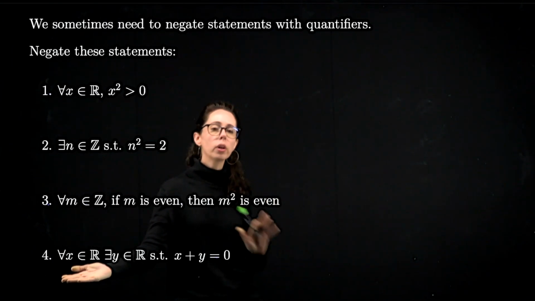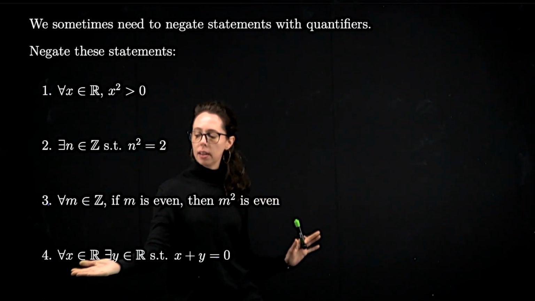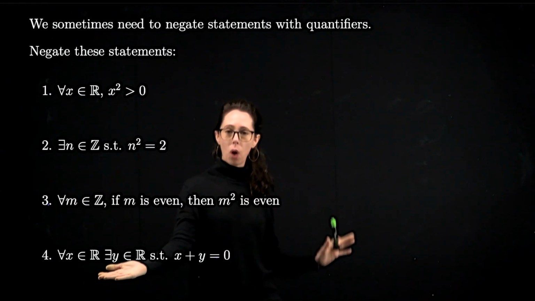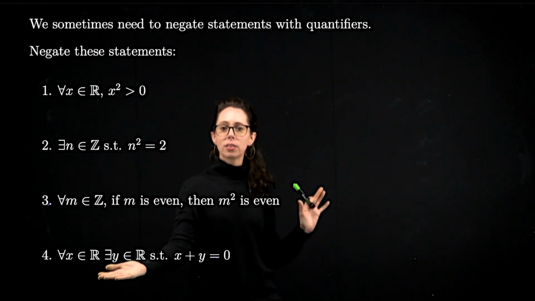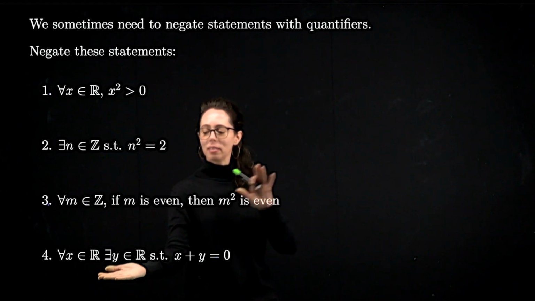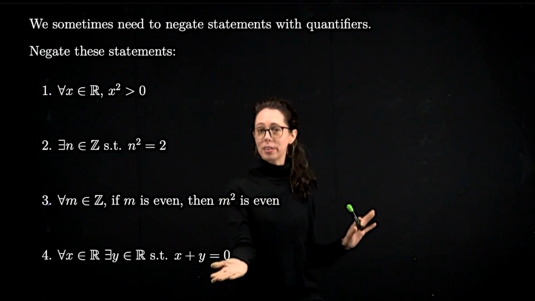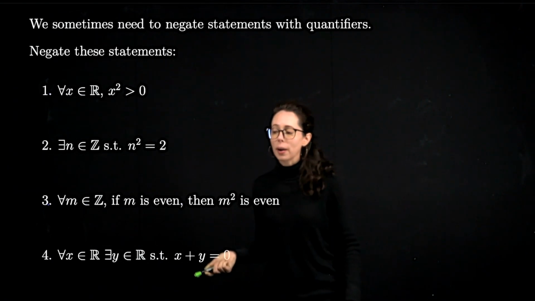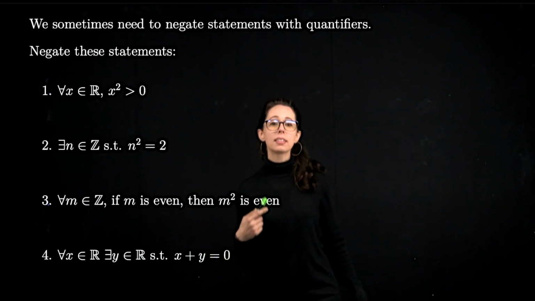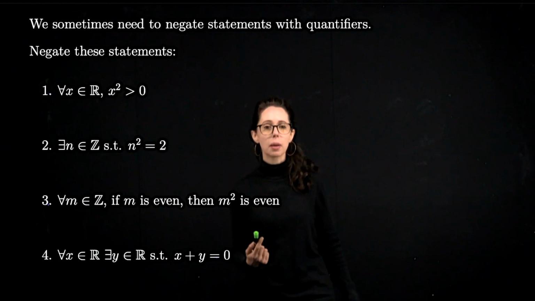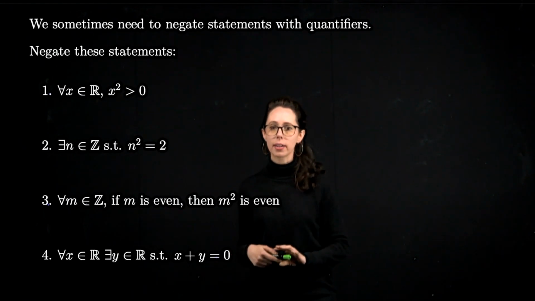So for your choice of x, there is then a y, such that the sum of x and y is 0.